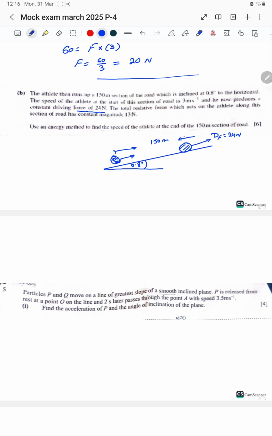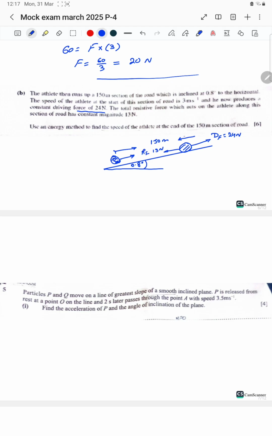You can draw the figure for your understanding. It's important to draw because we need to resolve it into its components, and with the help of those components we can find the solution. And the total resistance force which acts on the athlete along this section is of constant magnitude 13 newtons, opposite to the motion. This is the resistive force.